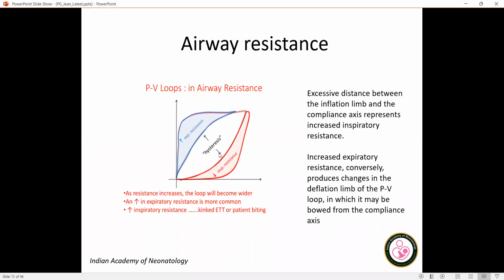If you draw a line here, we can see that the resistance has increased. The curve has bulged like this. Here also we can see it is increased to this side. So here is more expiratory resistance, and this is more inspiratory resistance. Inspiratory resistance may be due to a kinked ET tube or the patient biting the tube. This is how we can identify airway resistance from a pressure volume loop.